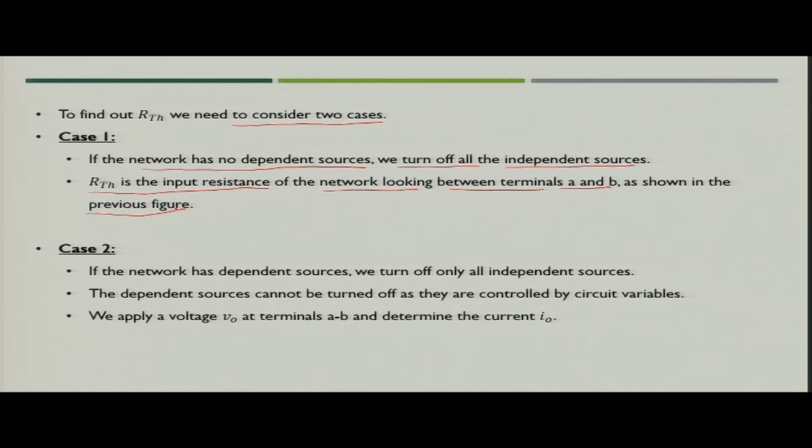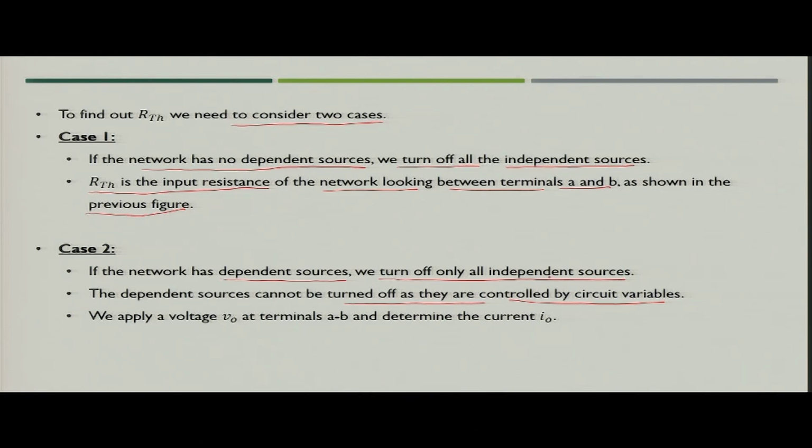Now, in case 2, when the network has dependent sources also, we cannot switch off the dependent sources because they are anyway controlled by some circuit variable. So, what will happen in that case? You can simply turn off only the independent sources.